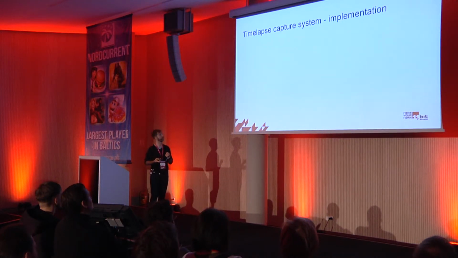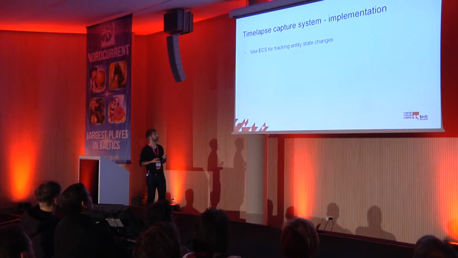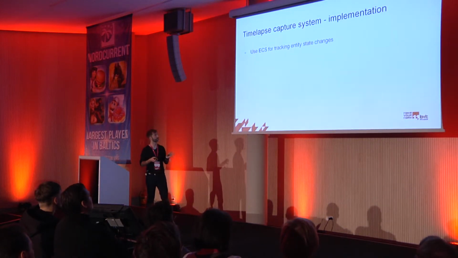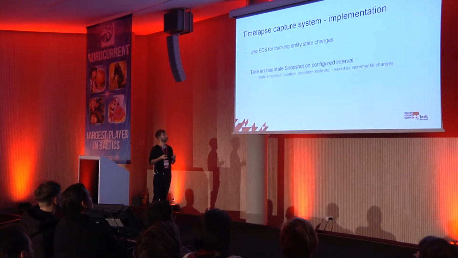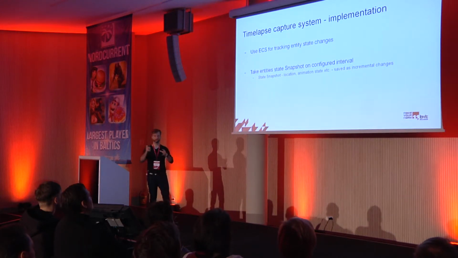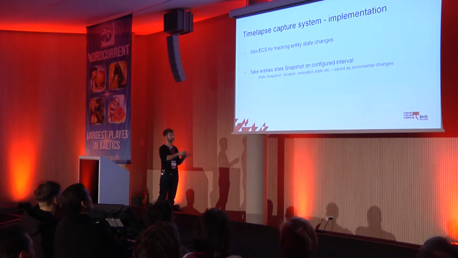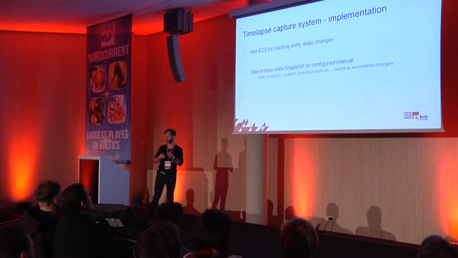So how did we implement it? First, we decided that we'd use an entity component system to track the entity state changes. We decided that at each configured time interval we would take a snapshot of every entity state. But we wouldn't save the exact state of the entity, we'd just save changes, to save space.